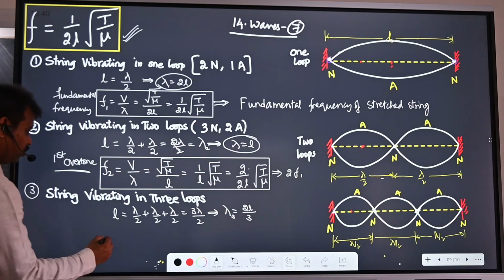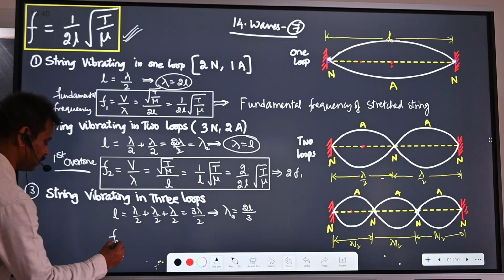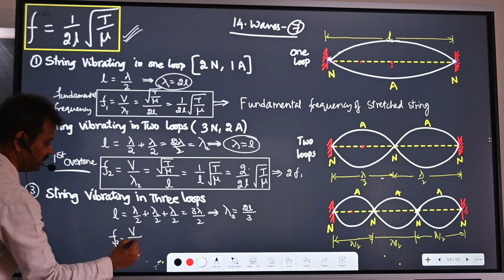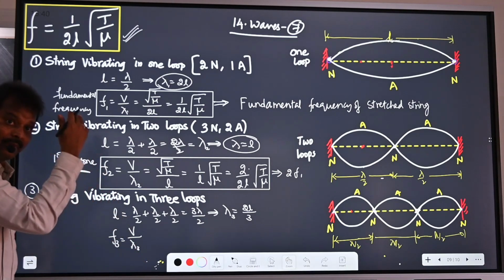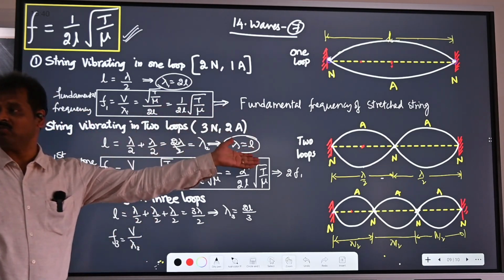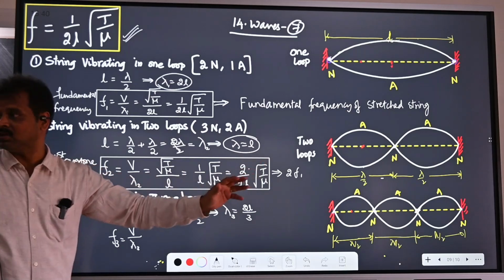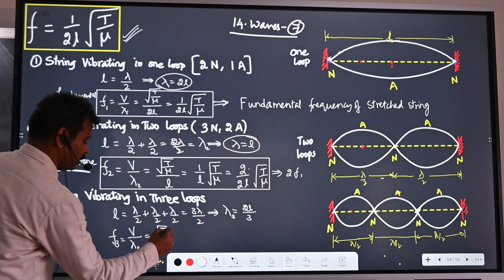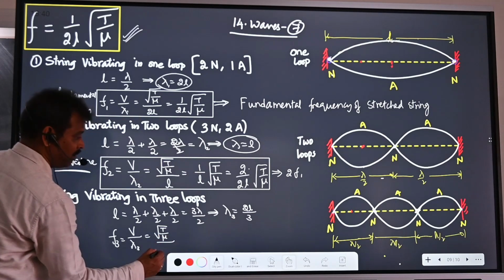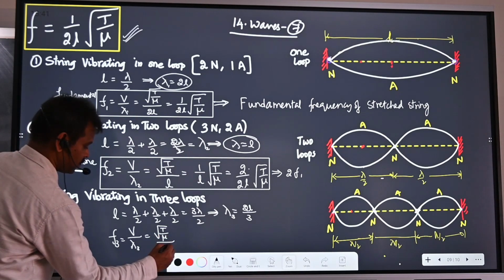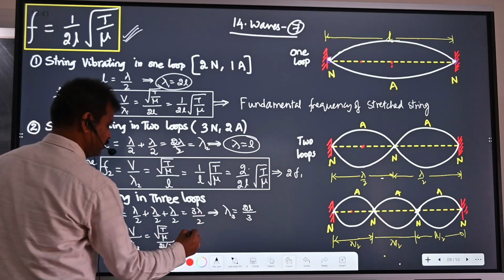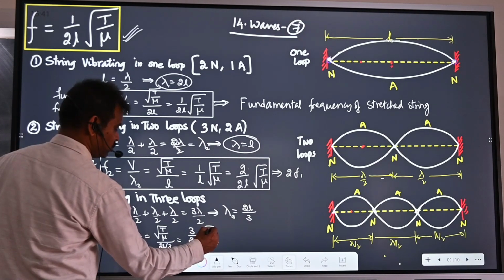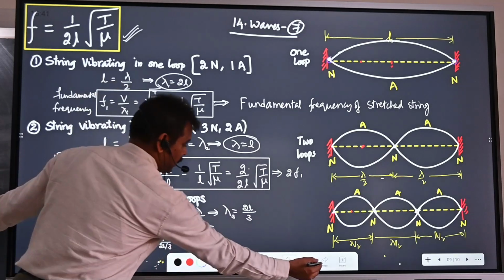Now, what is F3? Formula. V is not changing, students. V remains as root T by mu only. Same tension, same string. I am not changing T and mu. This will become root T by mu by lambda 3. If you write this here, 3 by 2L root T by mu.